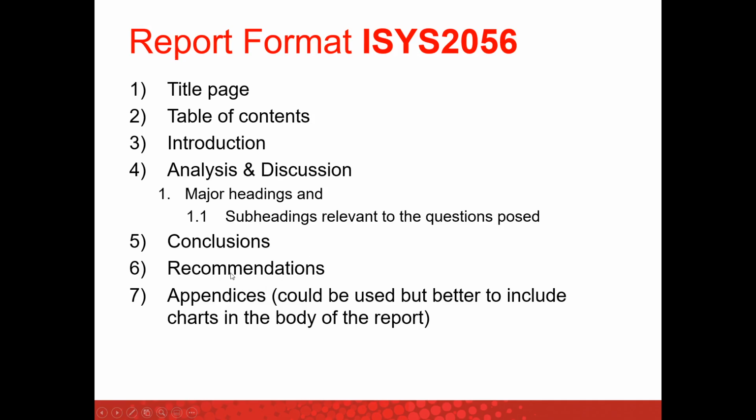And obviously the last part is, on the basis of everything that you've done here, all the analysis, what are your recommendations? For this assignment, they've listed appendices. Usually what you'll see in appendices is things like tables, graphs, and so forth. In this assignment, take my advice, don't do anything with appendices.